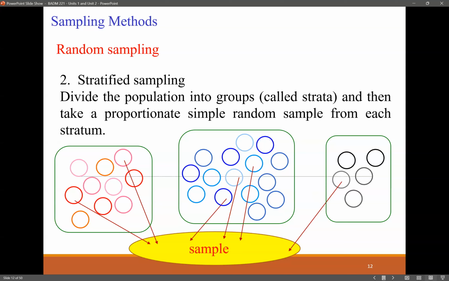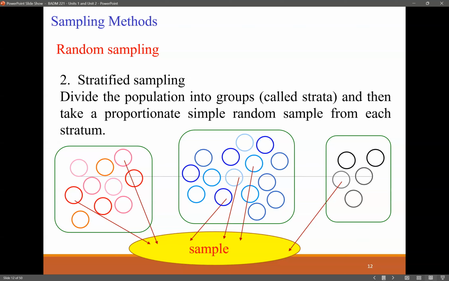So for example, in your class there are students from different countries, and you need to choose 10 random students as a sample. For stratified sampling, you make groups country wise. The first group is students from the Philippines, the second from India, the third from Nepal, the fourth from Mexico, and so on.